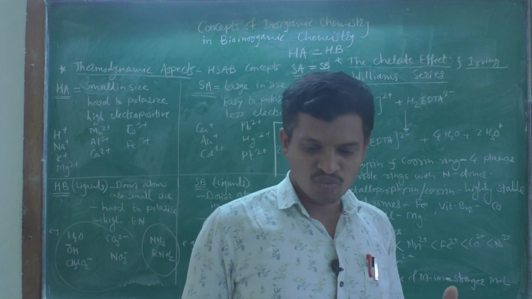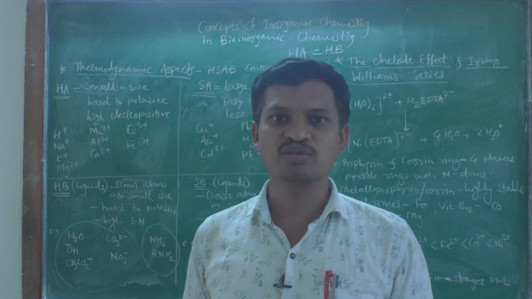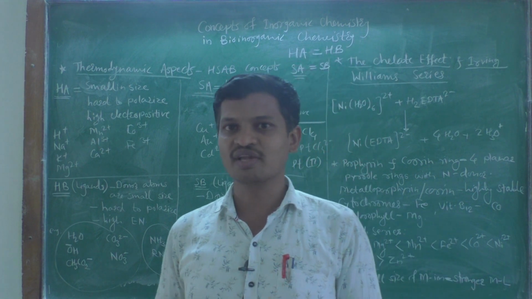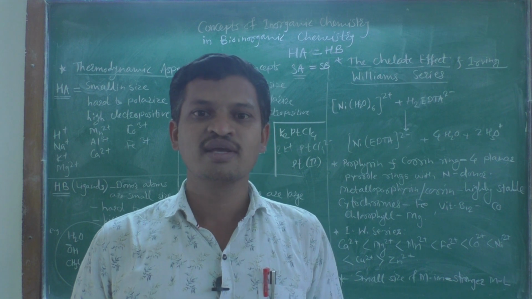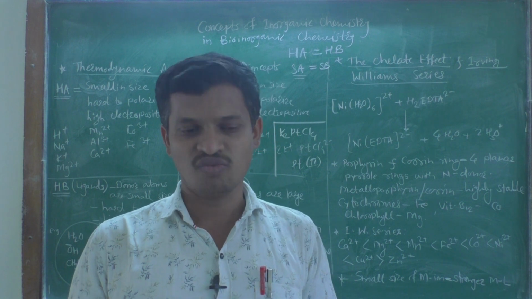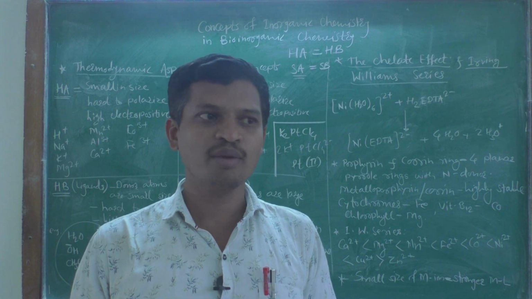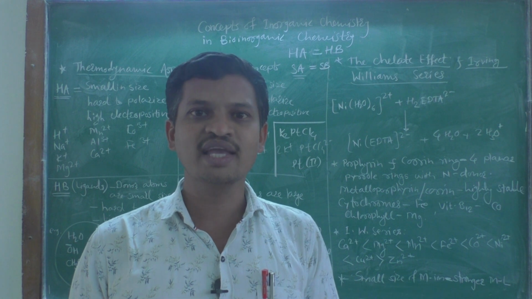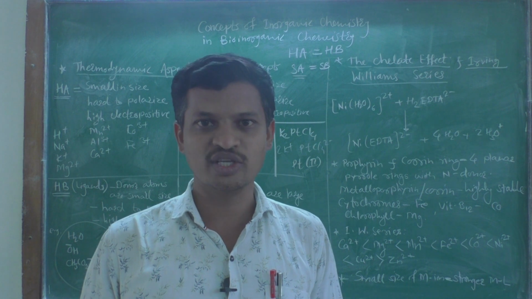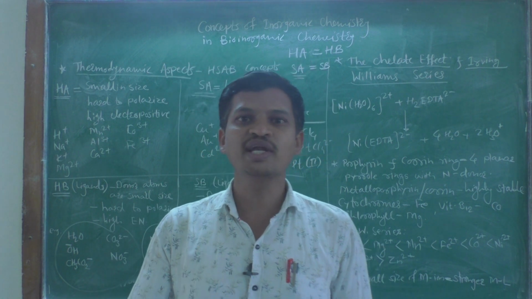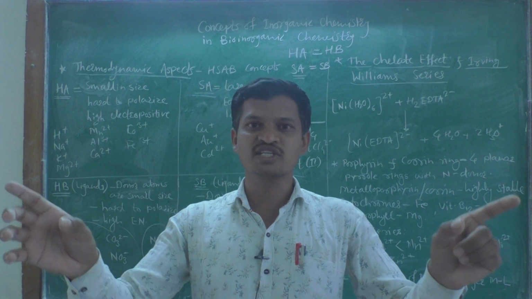Okay, now the next concept is the chelate effect and the Irving-Williams series. We know what is meant by metal ion, ligands, chelate and chelation, so let us revise these concepts. So what is chelation? When a metal cation is forming bonds with one ligand, and that ligand has more than one site of donation, for example a polydentate ligand, meaning it is only one ligand but has a number of donor sites.